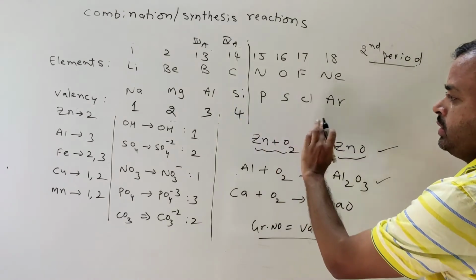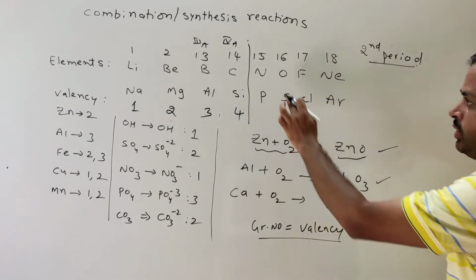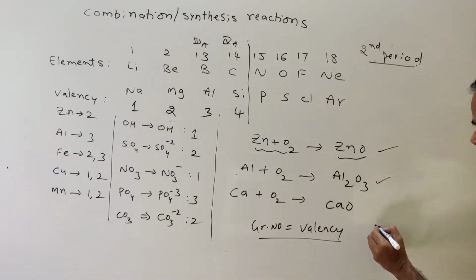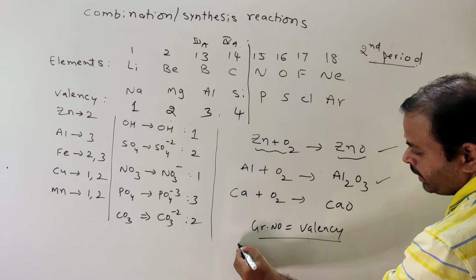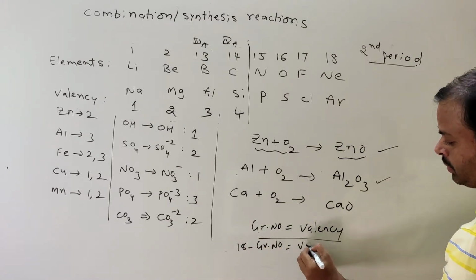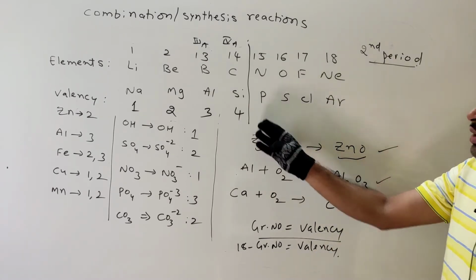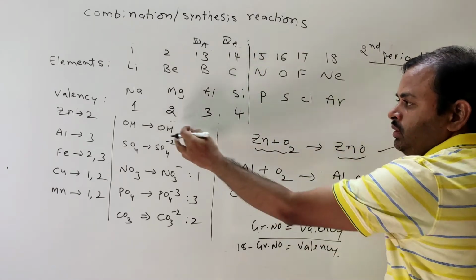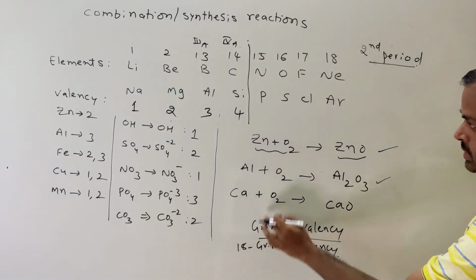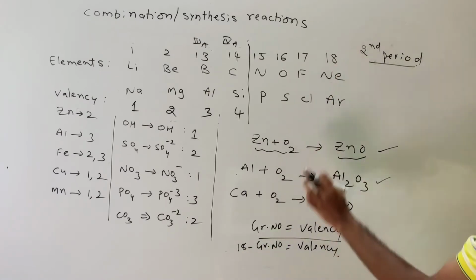Now beyond this, nitrogen, oxygen, fluorine, neon. For these groups, valency equals 18 minus group number. This is the division: the first half, and now the second half. Here 18 means the total 18 groups.